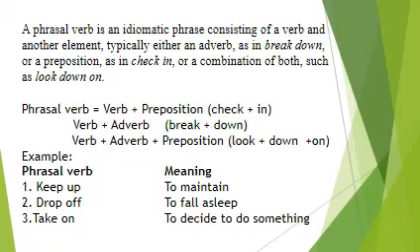For example, a verb and an adverb, as in this example, breakdown. When we look at the word breakdown, break is a verb while down is an adverb, and they are combined together to give a different meaning.